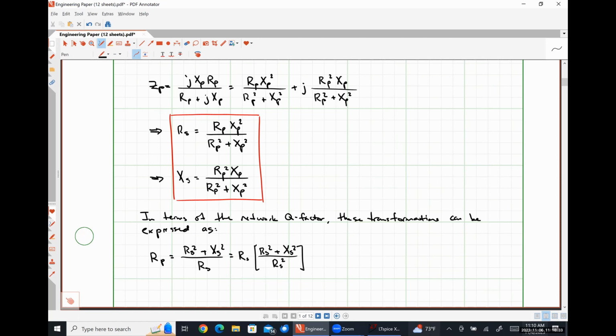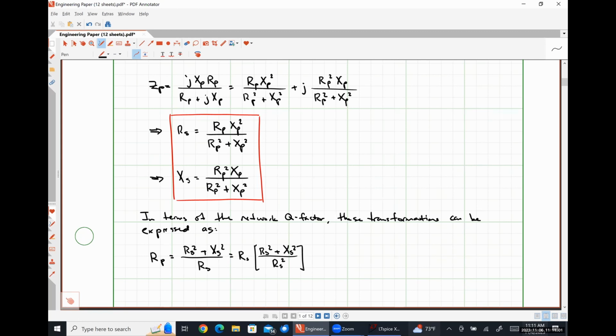So I'm just multiplying and dividing by RS. Well, the quality factor for my series connection is the magnitude of X divided by R, right? If I square that, I would have Xs squared, the magnitude signs go away because it's always going to be a positive thing, divided by R squared.